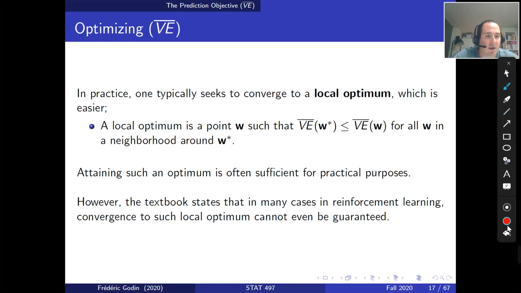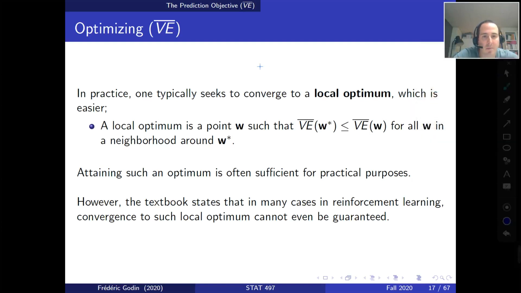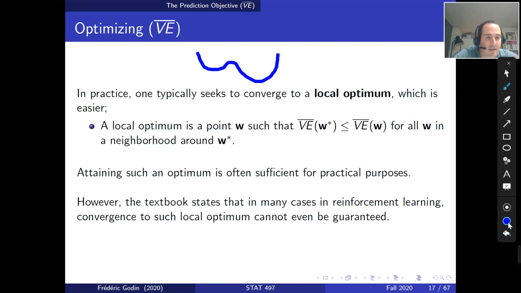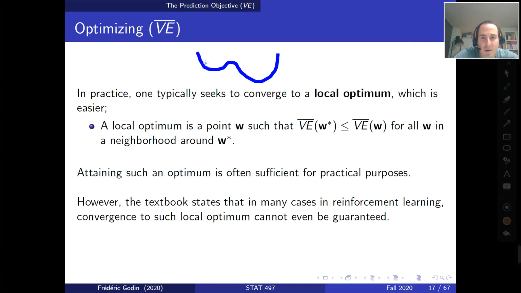Let's draw this, continuing our earlier discussion about global optima. If you have a function like this and you try to minimize it, maybe your minimizing algorithm might reach this point and think that here is the true minimum, but in fact there's another minimum here.